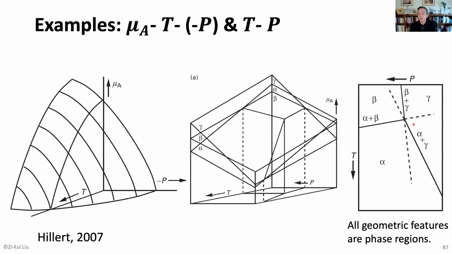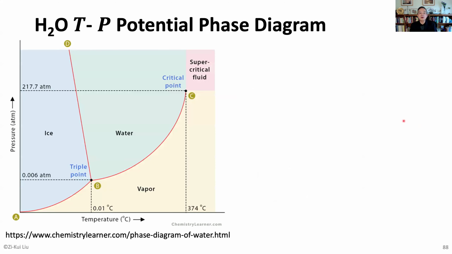You cannot have this beta and gamma two-phase region inside here, because it would conflict with the alpha gamma phase equilibrium. There are many rules we can talk about later when we discuss the detailed phase diagrams. So this is an example of a potential phase diagram.